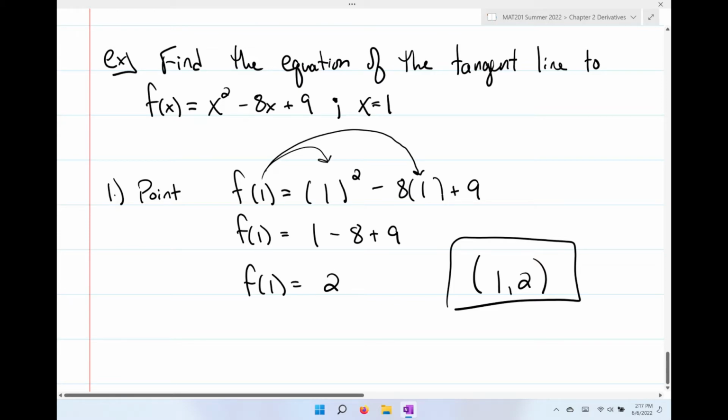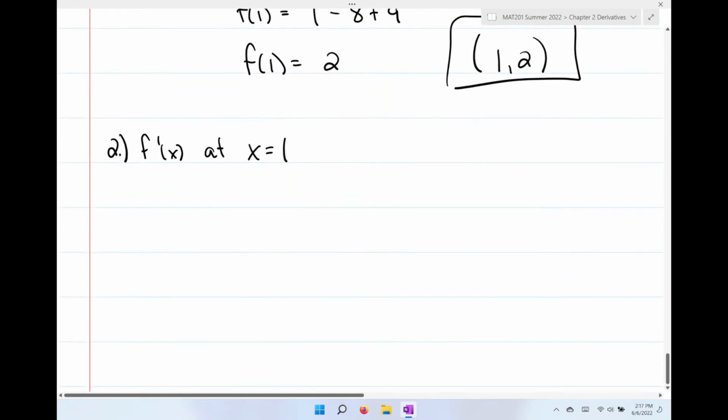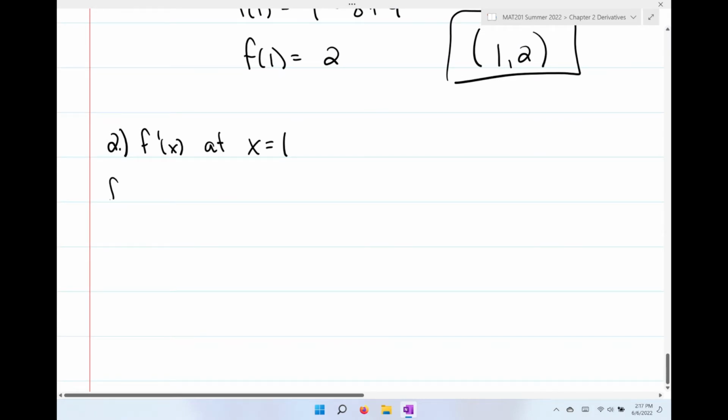Second, we need our derivative at x equals 1. So the only way that we know how to find a derivative right now is using the definition of a derivative. So f prime of x is going to equal the limit as h approaches 0 of f of a plus h minus f of a all over h.